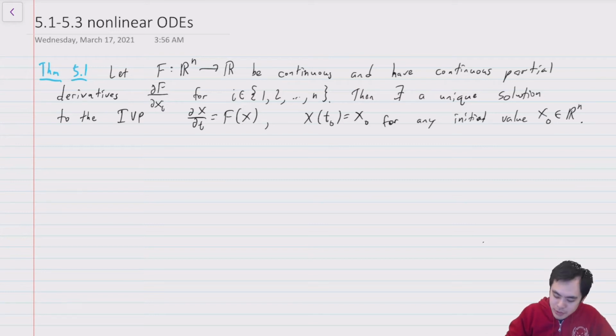And this is known as the existence uniqueness theorem, or one of the existence uniqueness theorems. It's a theorem from differential equations, so you should look it up there.